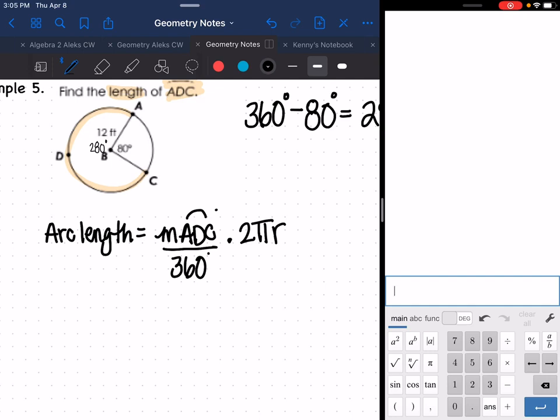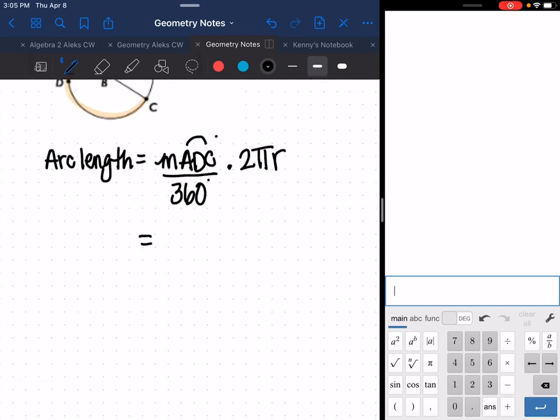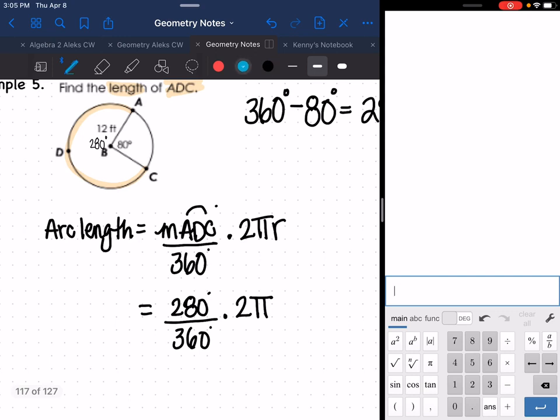Once again, Alex is going to ask you to leave your answer in terms of pi. So my measure of ADC is equal to 280 divided by 360 times 2 pi, and my radius, oh, I can't see my radius. There's my radius right there, 12.